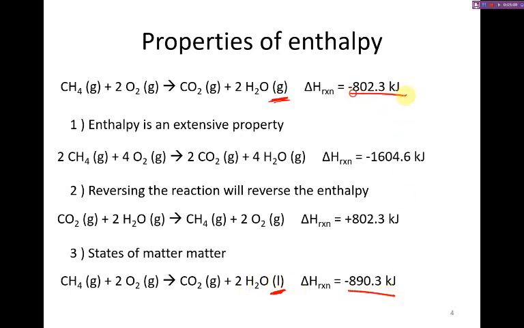And notice that there's a difference in enthalpy. In other words, we know that because gas is higher than liquid in terms of its energy, by going from a gas to a liquid, we released energy. And therefore, more energy is released for this last reaction compared to the first reaction.